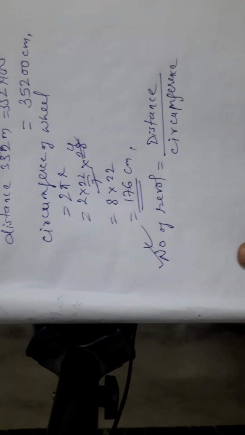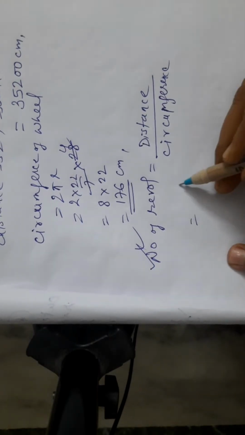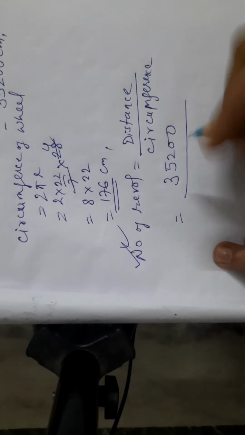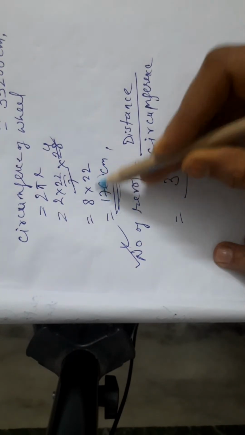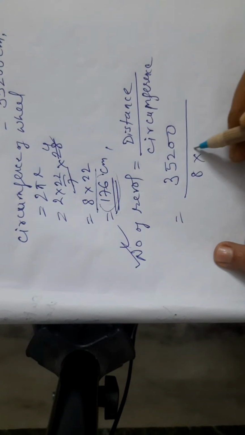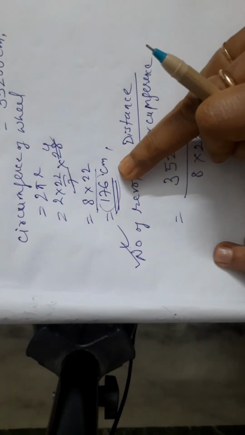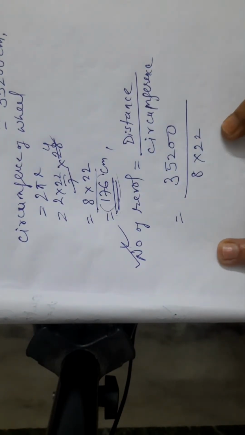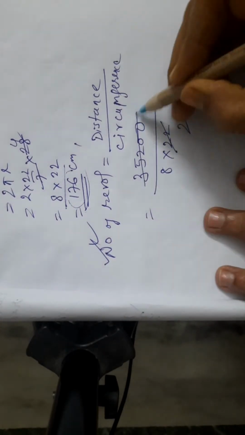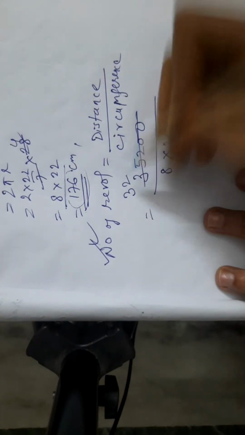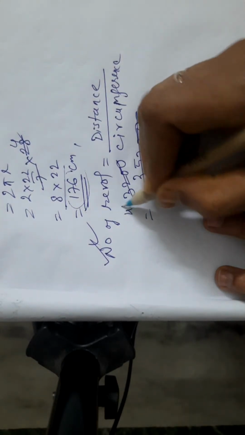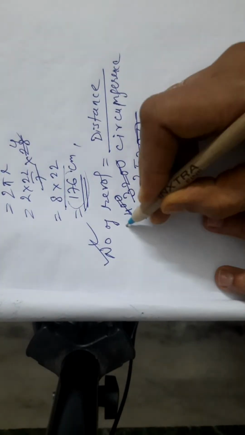Number of revolutions: the distance we got is 35200. To have easy calculation, instead of using the multiplication answer 176, which is a little bigger, use it in multiple form, 8 multiplied by 22. Now 11 2s are 22, 11 3s are 33, 11 2s are 22, then 00, 8 4s are 32, 2 2s are 4.